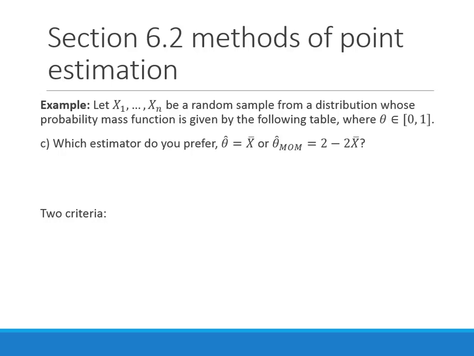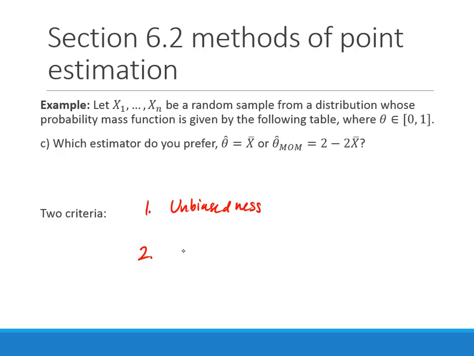If I ask you which estimator you prefer of two, there are two criteria that you can use. The first one, let's just say, is unbiasedness. You might, again, remember our discussion, be inclined to choose the unbiased estimator.